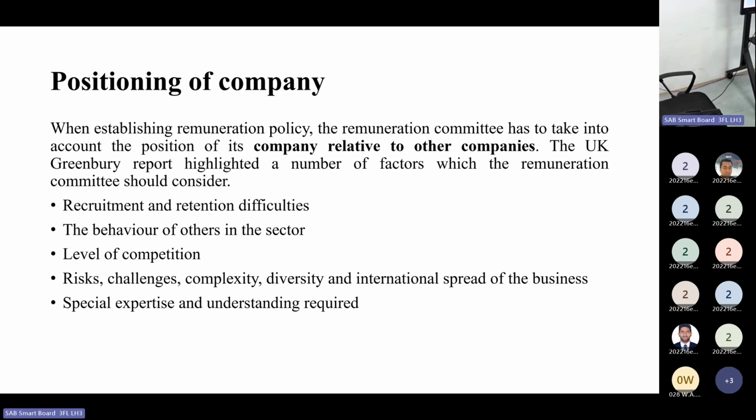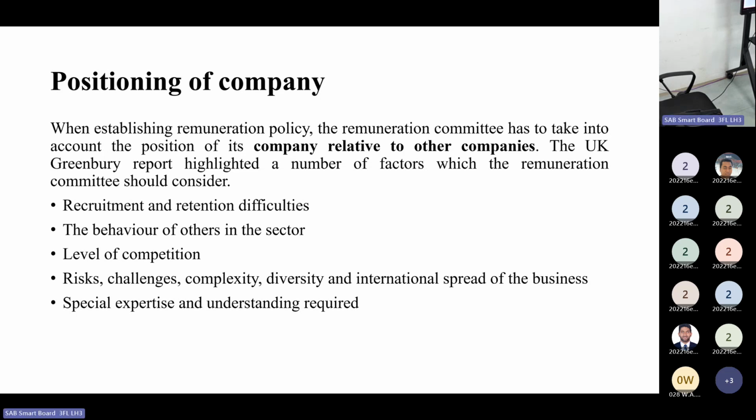Recruitment and retention difficulties. We need to consider how challenging it is for us to attract someone to our board and keep them compared to our competitors. Right? Whether it is easy when recruited company, right? Then it is easy to recruit and retain them. So you need to compare with your competitors how easy for us to attract and retain the directors.